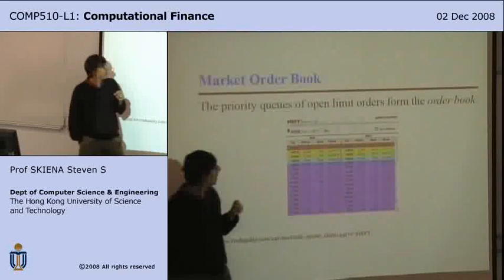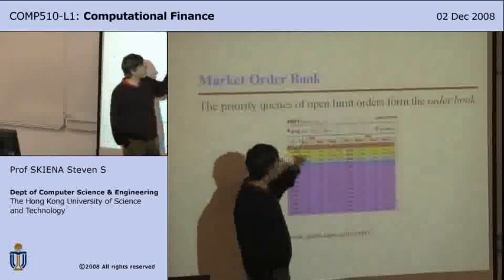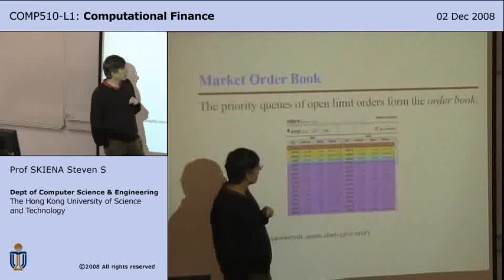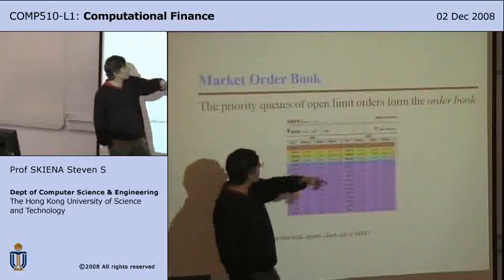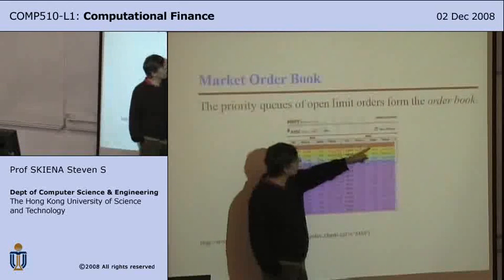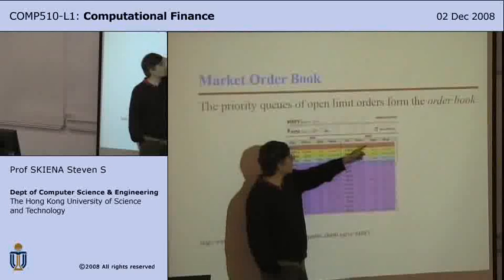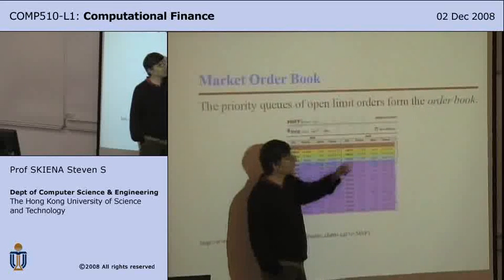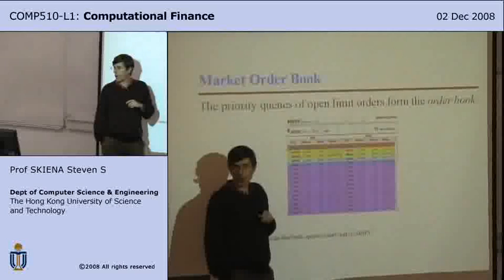The question would be, if I wanted to buy 2,000 shares, would I get my first 1,992 at this price, and then my remaining 8 shares at this price?